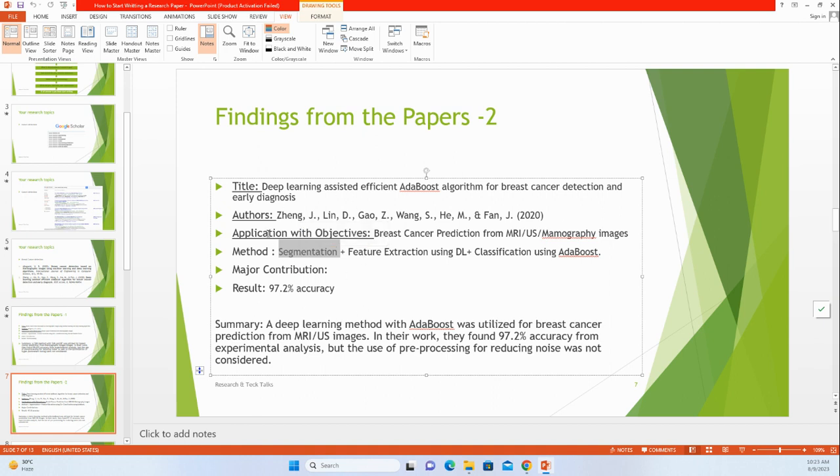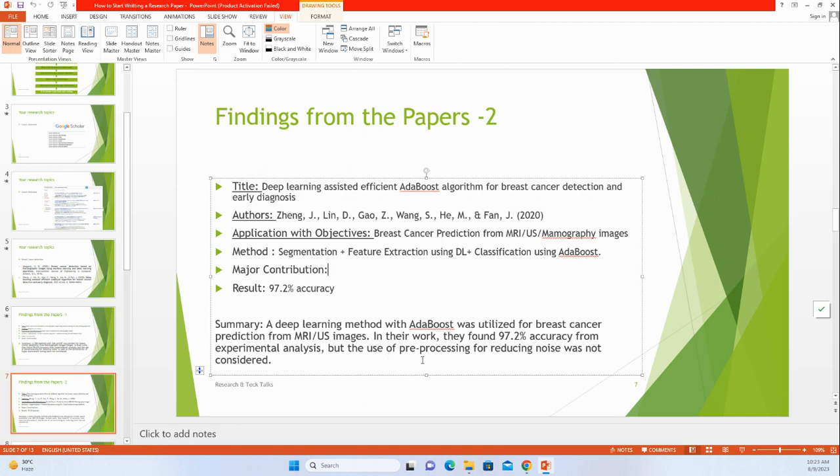So if we summarize in sentences, similarly, a deep learning method with AdaBoost was utilized for breast cancer prediction from ultrasound images. So in their work, how much accuracy did they find? 97.2% accuracy from experimental analysis. And what is the limitation that you need to find?